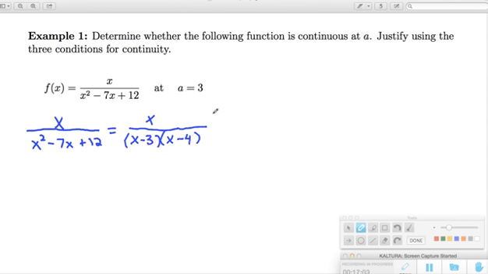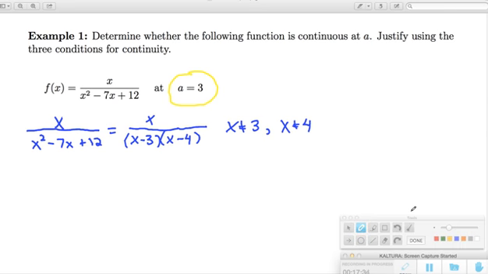Notice how there's no cancellation, so we didn't get anything like that. But we do know where the denominator is 0 now. So notice that this particular expression is not defined at 3 or 4. Any other x values would be fine, though. However, look where we were asked to see if it was continuous, right at 3. So there is a potential problem here.